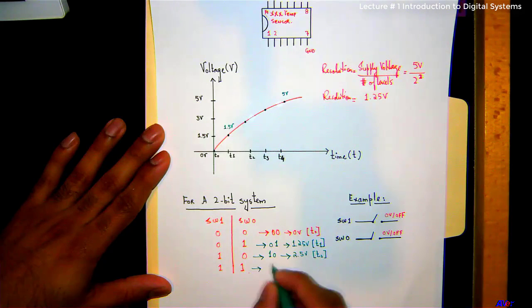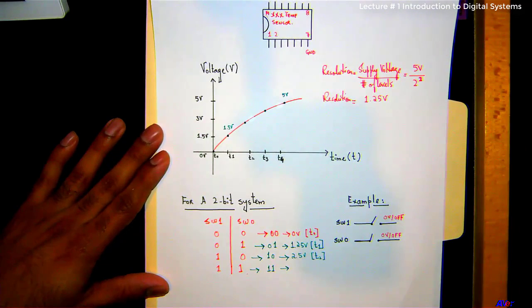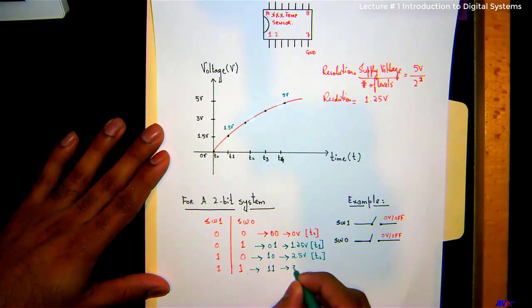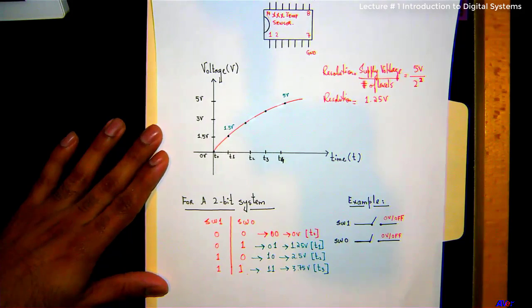And then similarly at 11, 2.5 plus 1.25, because that's the smallest increase, is 3.75 volts. This will be at T3, okay, correct?